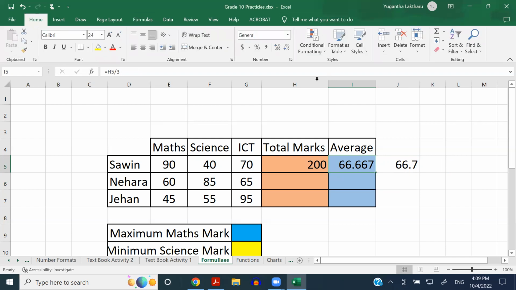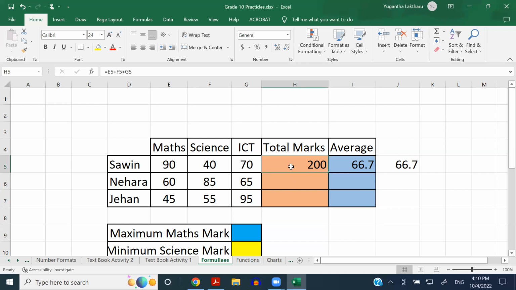I can do the format changing from over here, right? There is a facility called increase decimal and decrease decimal. So I'm going to use decrease decimal up to 1 decimal point. So it will give me the same answer as this. Are we clear about this, everyone? Yes, sir. Right.